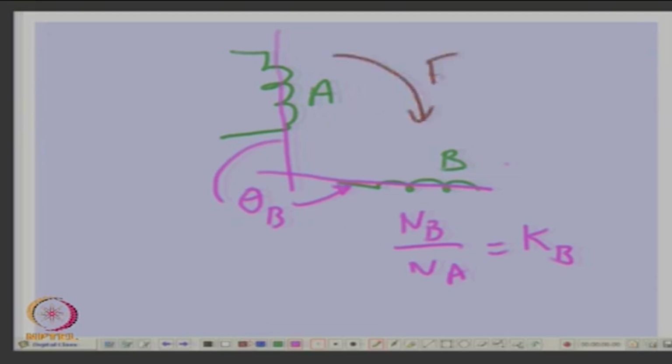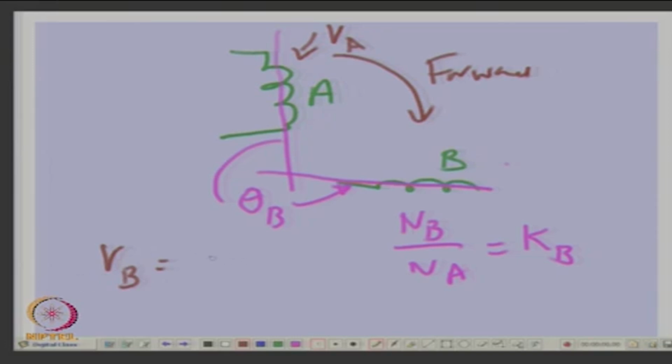If we have this situation, if a forward field, suppose it produces a voltage here, let us say VA, then what will be VB? VA is a phasor, what will be VB due to this forward field?